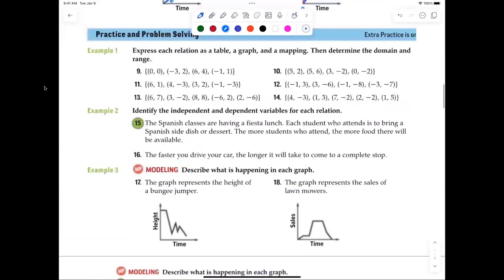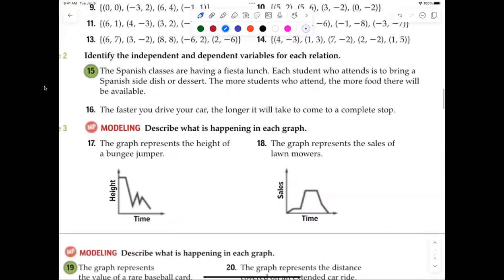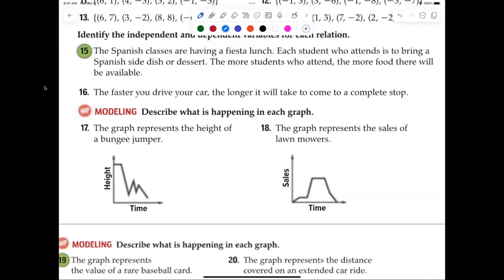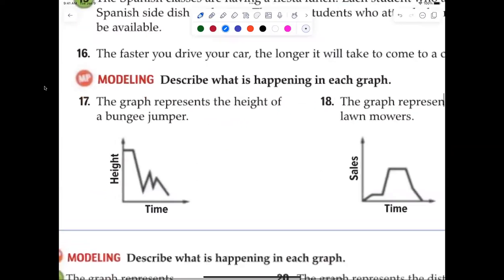Now I'm scrolling down here. It's kind of the same principle. If I was looking at number 17, does everybody know what bungee jumping is? You jump off a bridge, right, with that tether to you. Then all of a sudden you jump off the bridge and you're going down really fast.